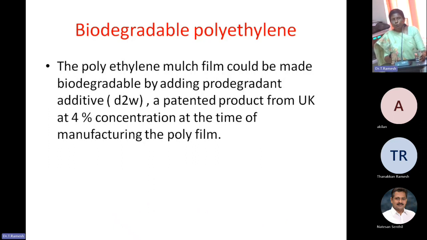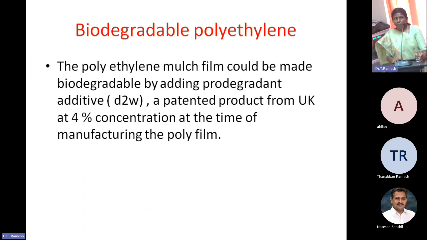We got D2W from the UK, at 4% concentration at the time of manufacturing, without adding much cost to it. The environmentally conscious people said it is possible to make polyethylene biodegradable by adding this additive.